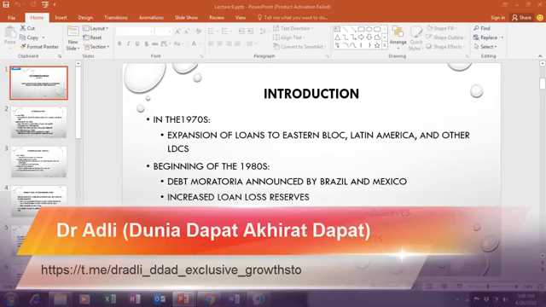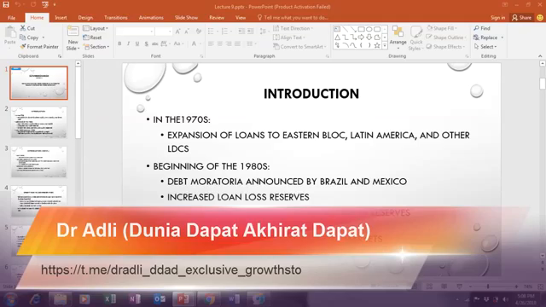In the beginning of the 1980s, there were debt moratoria announced by Brazil and also Mexico. Do you know what a moratorium is?